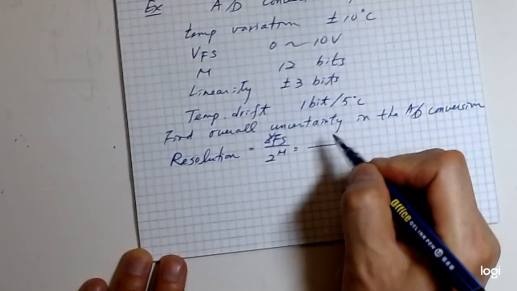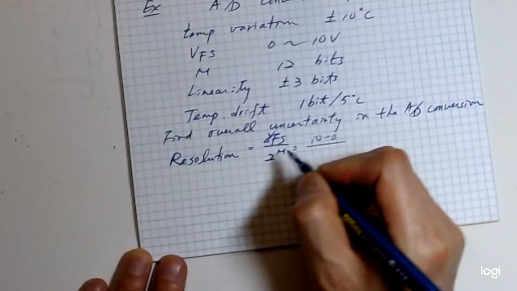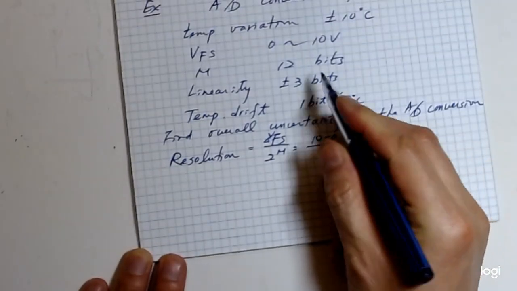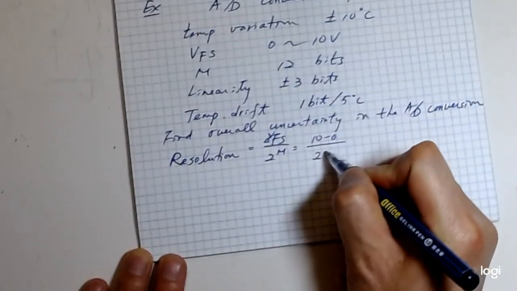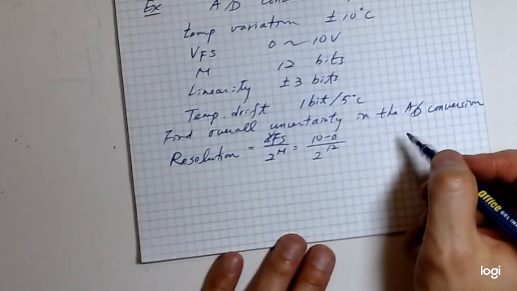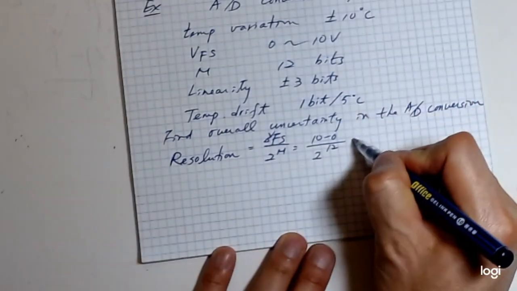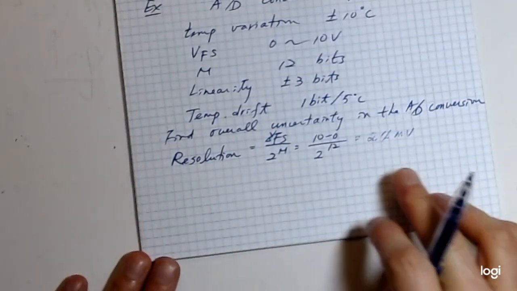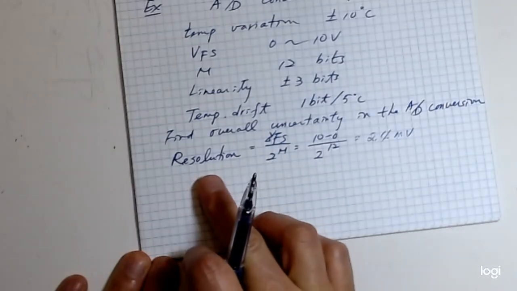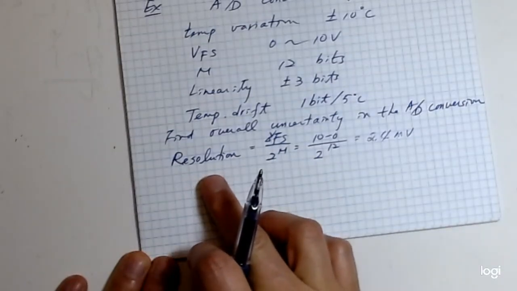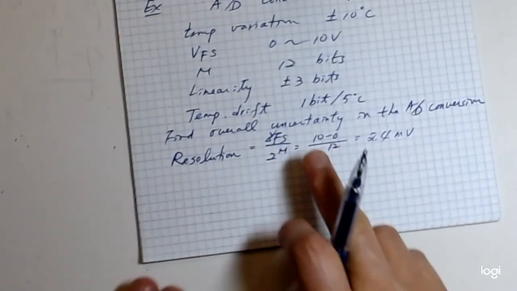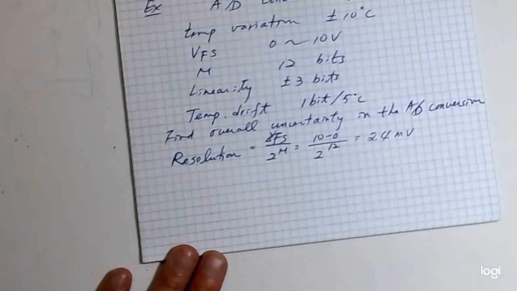So that's 10 minus 0, and we have 12-bit, so 2 to the 12. So that's approximately 2.4 millivolt. Meaning the resolution you have is 2.4 millivolt per bit.